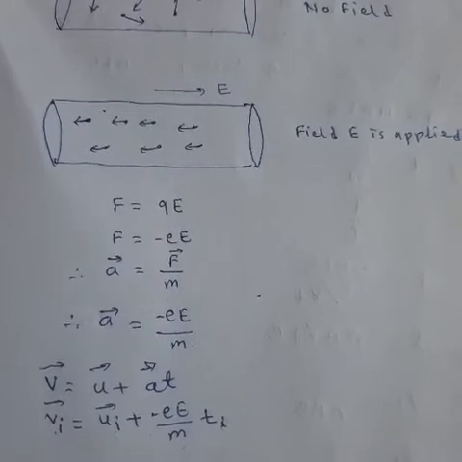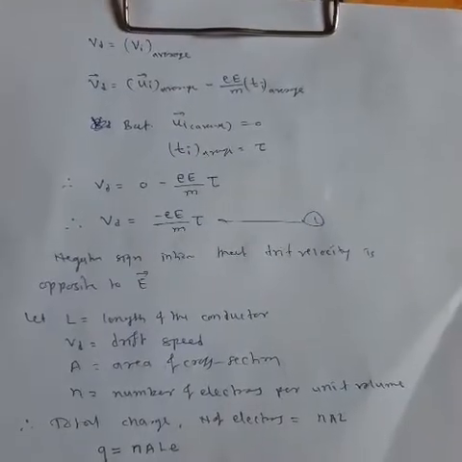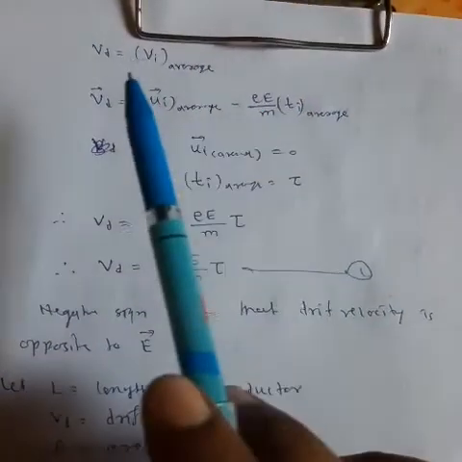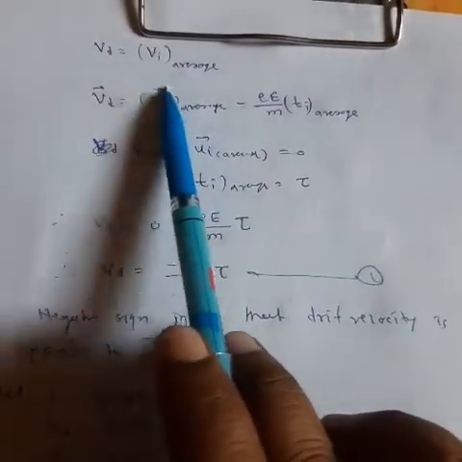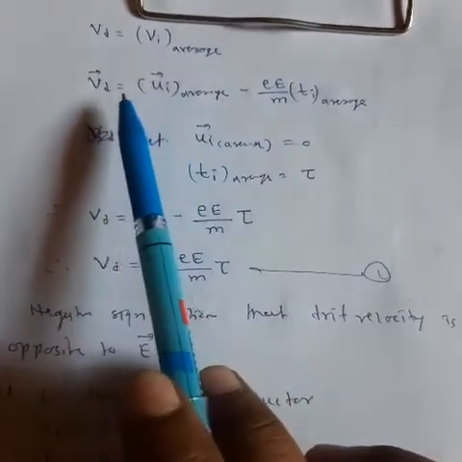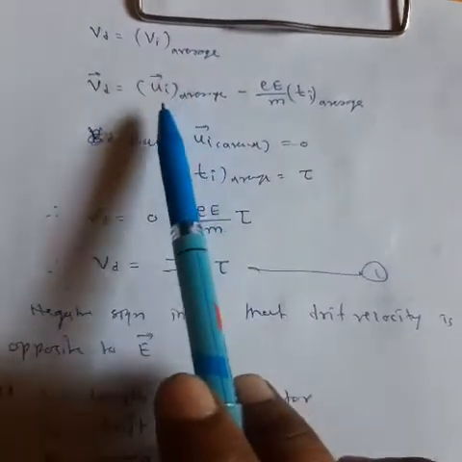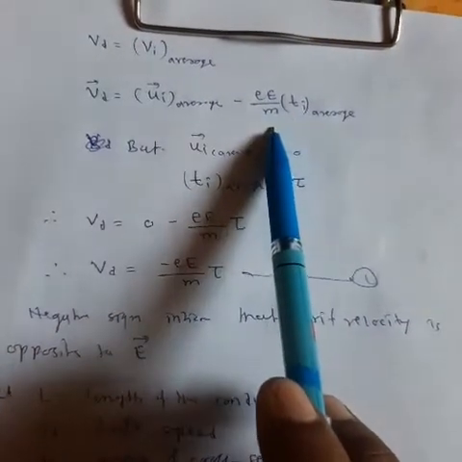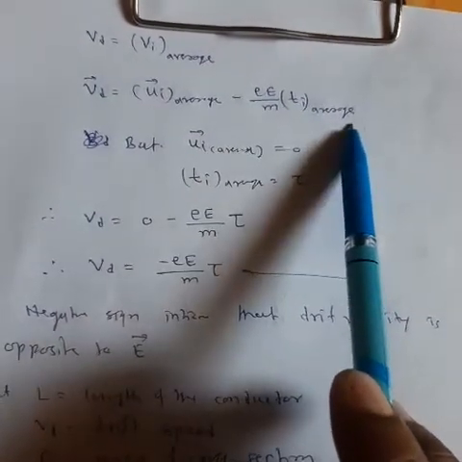And the average velocity is known as the drift velocity. It is given by vd is equal to vi average. Therefore, vd is equal to ui average minus eE divided by m into ti average.